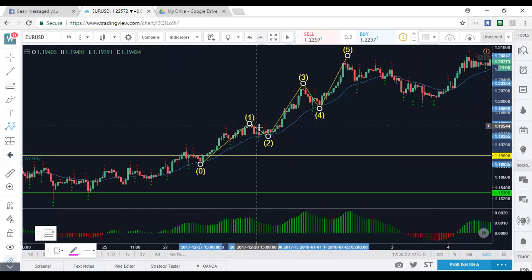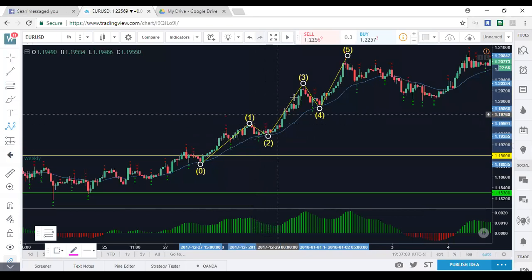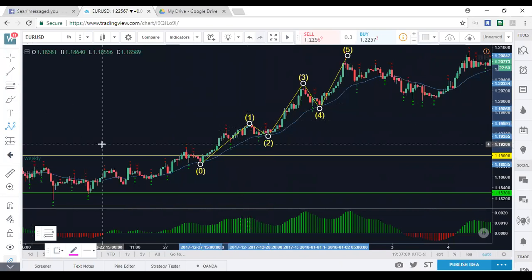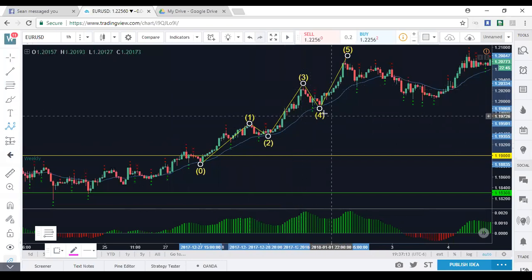You understand that if one of these retracements is flat, the other retracement is going to be a deep one or a diagonal one like this. If this one's the diagonal one, then this one's going to be the sideways one. So let me see. I can't even mark that up, but that's the guideline of alternation.